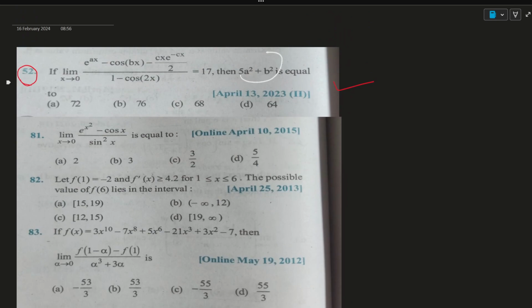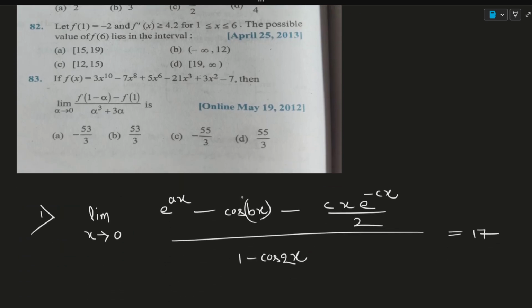What will be the value of 5a square plus b square?